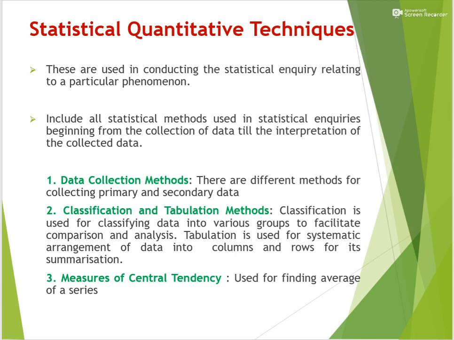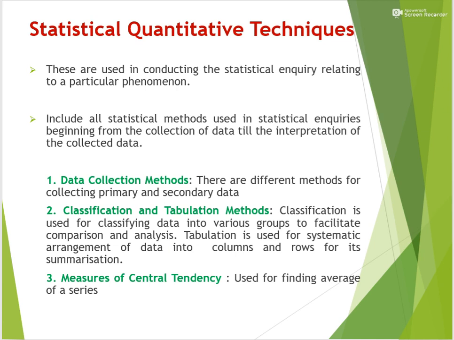Let us see some important statistical quantitative techniques. The first one is data collection methods. This includes various methods for collecting both primary and secondary data. The second one is classification and tabulation methods.